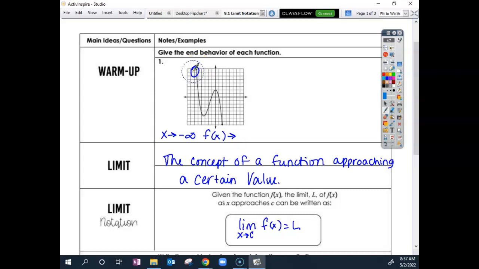It's getting bigger, right? It's going up, so it's going to positive infinity.